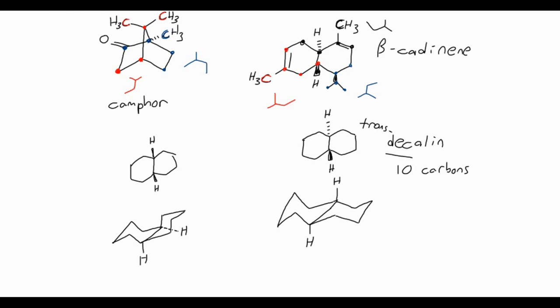So this trans-decalin will be more stable because we have both substituents in the equatorial positions instead of one in the equatorial, one in the axial. Let me just write cis-decalin here.